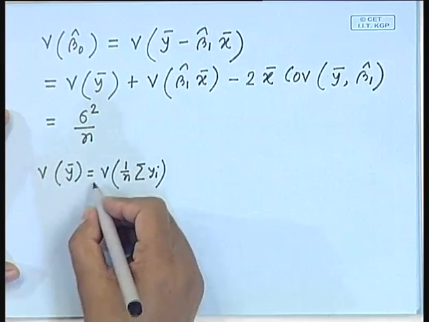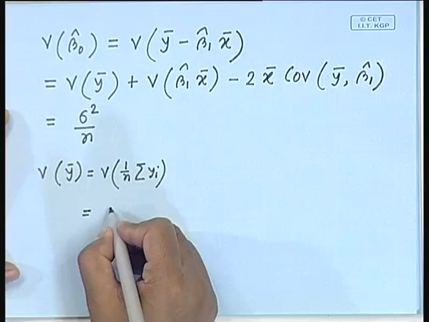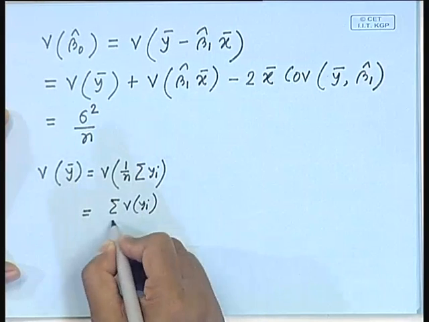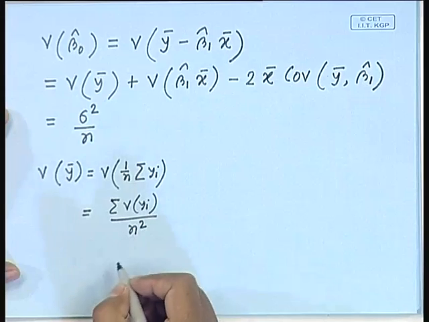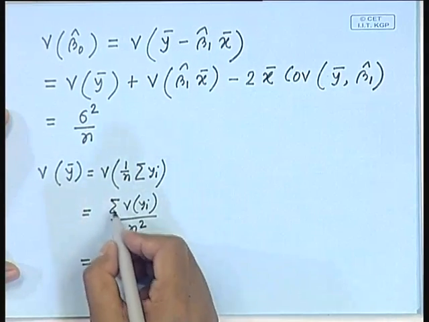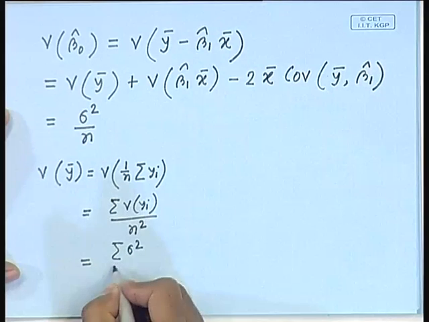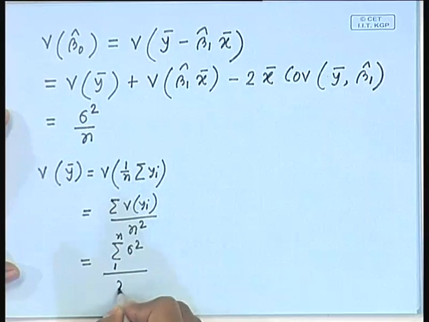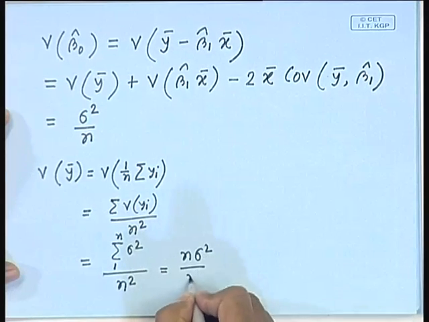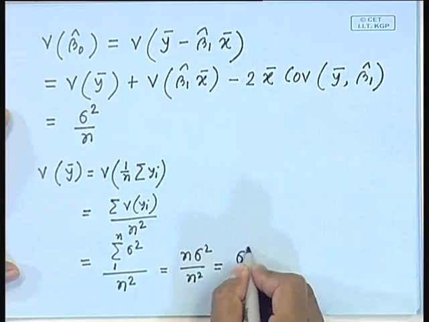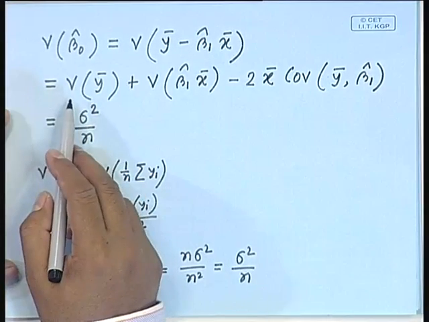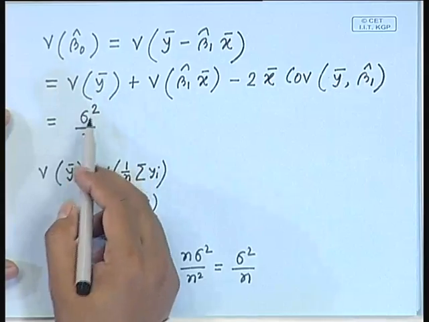So the variance of this quantity is equal to summation of variance of yi's by n square, right. And variance of yi is equal to sigma square. So summation sigma square, n times, by n square. So this is basically n sigma square by n square, which is equal to sigma square by n. The variance of y bar is equal to sigma square by n.